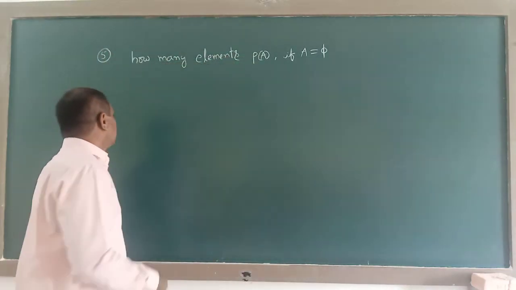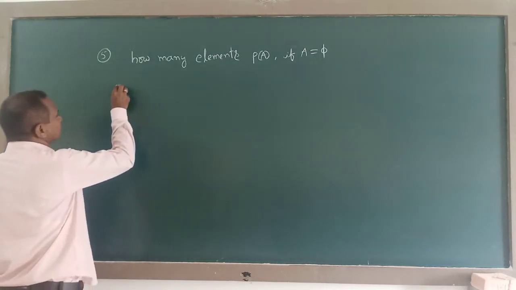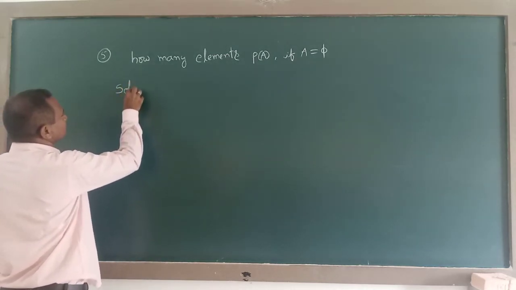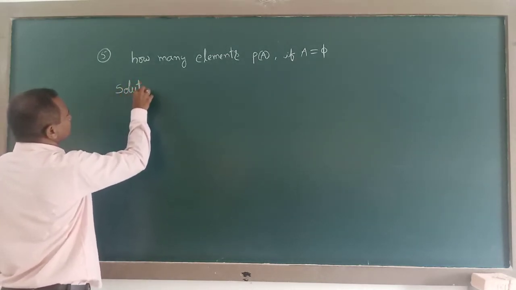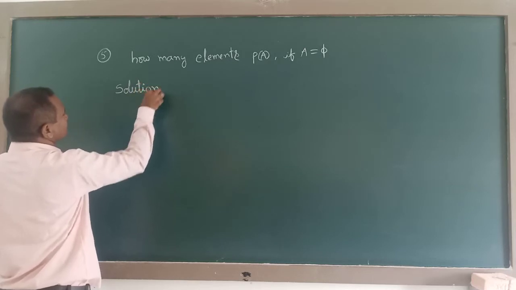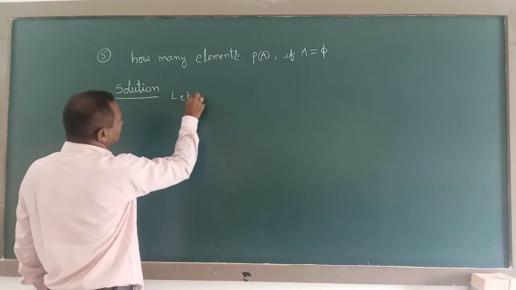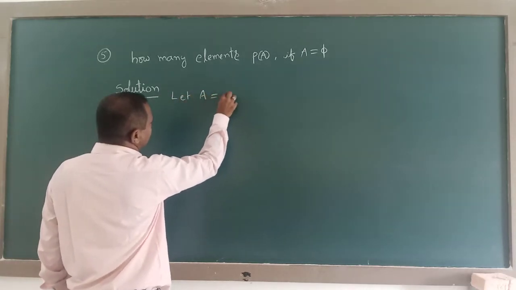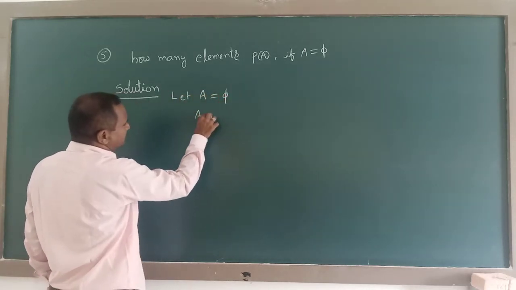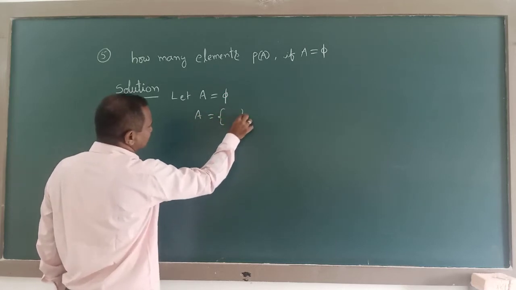Now, the solution for this question. Let A is equal to the null set, or we can write this as empty brackets.